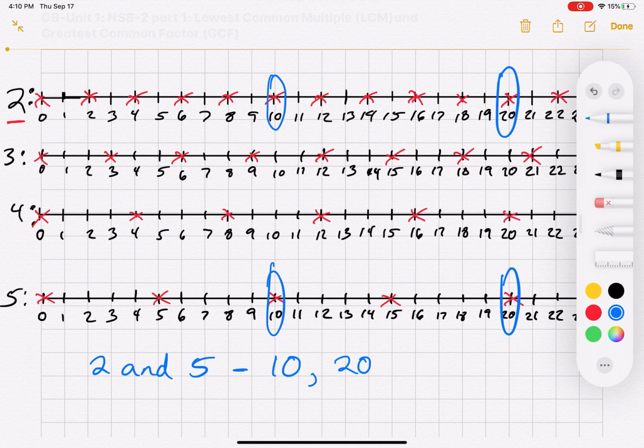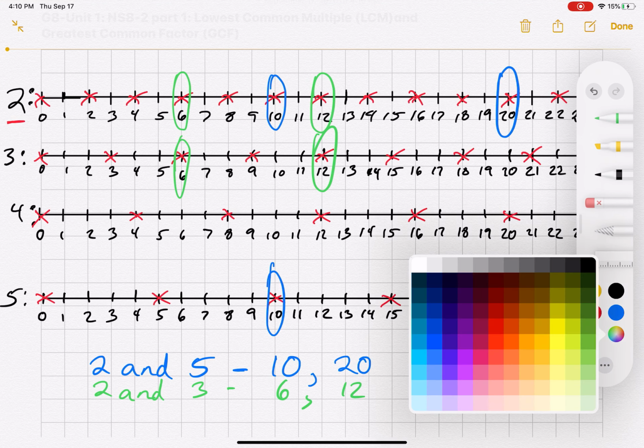All right, now I'm going to switch colors here, and I'm going to have a look at 2 and 3 and see which ones match up. So I have 2 and 3, and the first ones that match up are 6 and 12. Okay, now I'm going to have a look at 3 and 4, and I'm going to use a different color here.